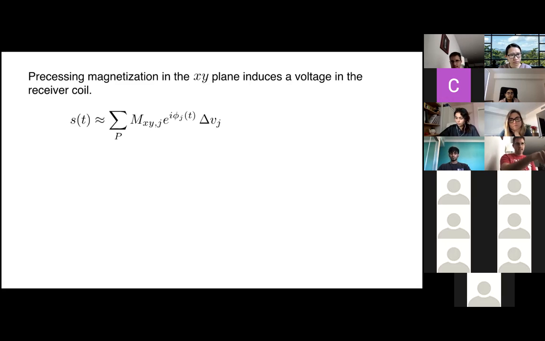The coil doesn't see just one particle. It sees them all, and the total voltage that's generated is the sum of the contributions from all of these little particles. So that's what this sum is. We're summing over all the particles.